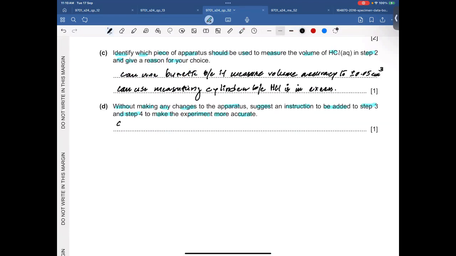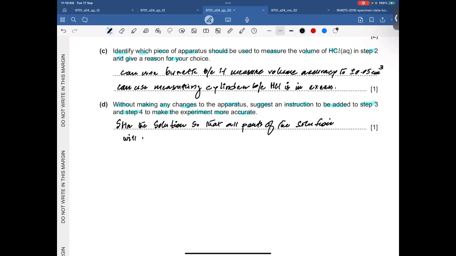So stir the solution so that all parts of the solution will get uniform heat.